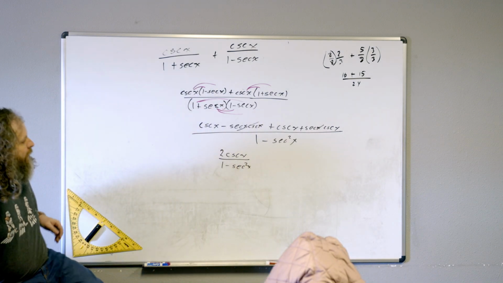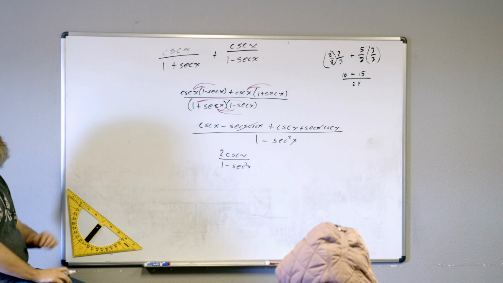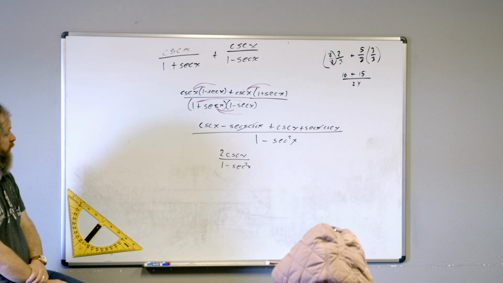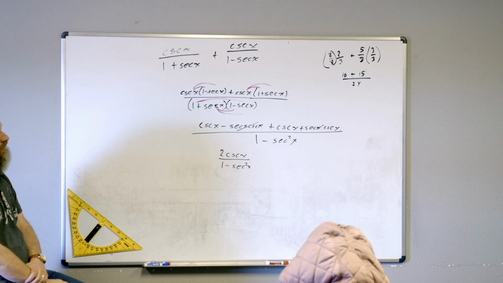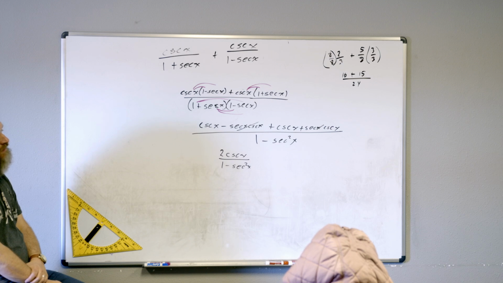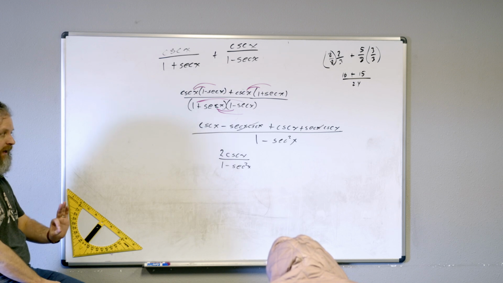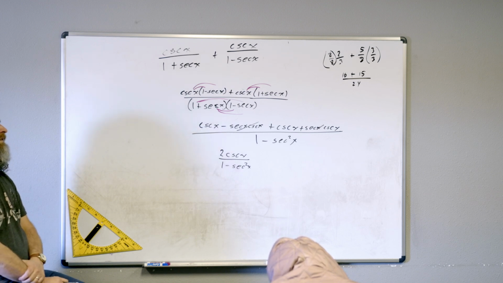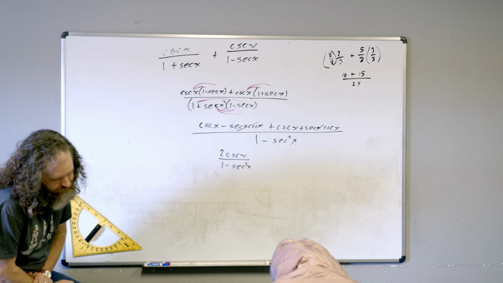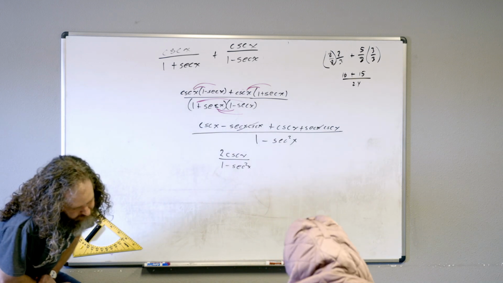Okay. Now what could we do? How could we turn it to sine and cosine? We could, if it's easier. We don't have to. There is an identity that we have that has secant in it. The odd-even?